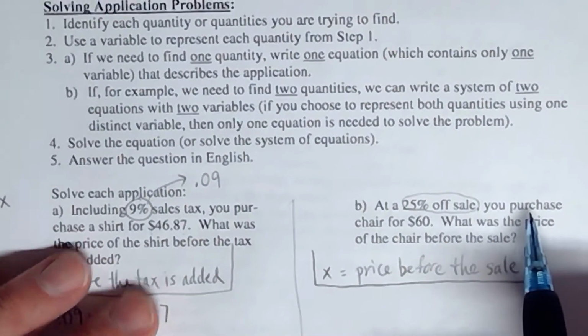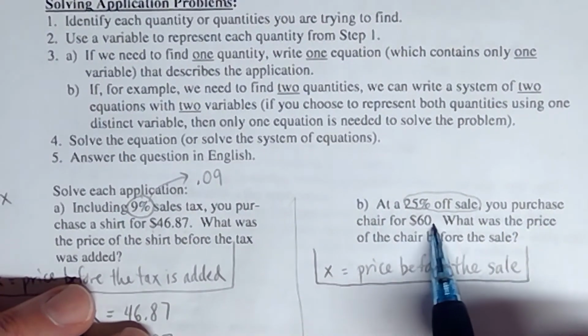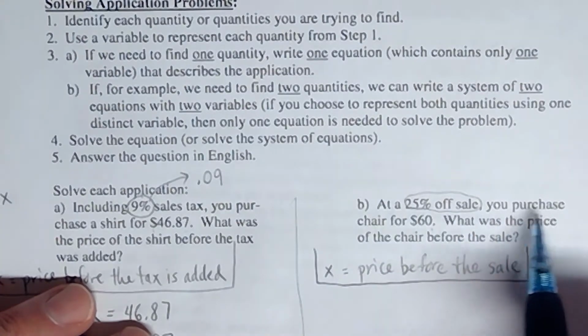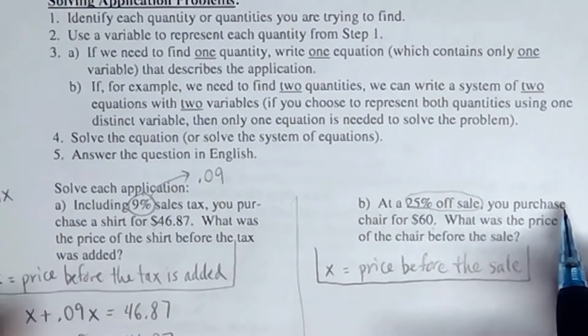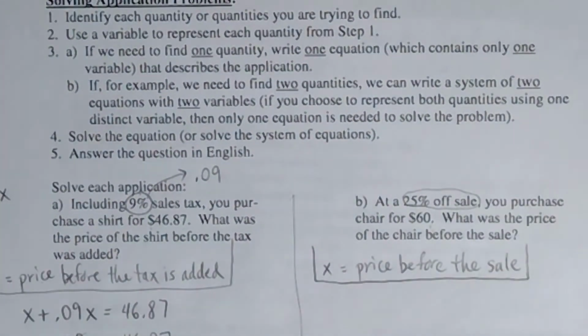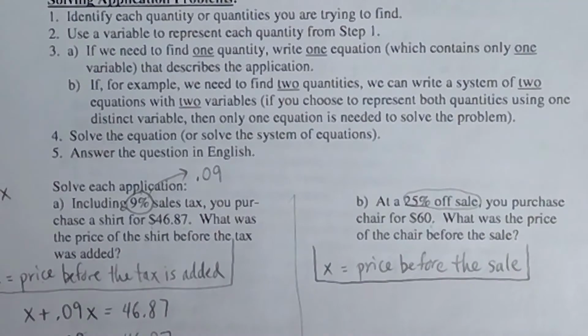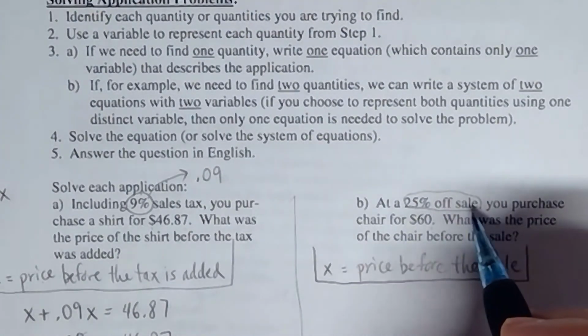How do I know that again? How do I know that the $60 isn't the original price? It's because it says you purchase it for $60. That means that's the final price that you're going to have, as opposed to the price before they knocked off 25%.